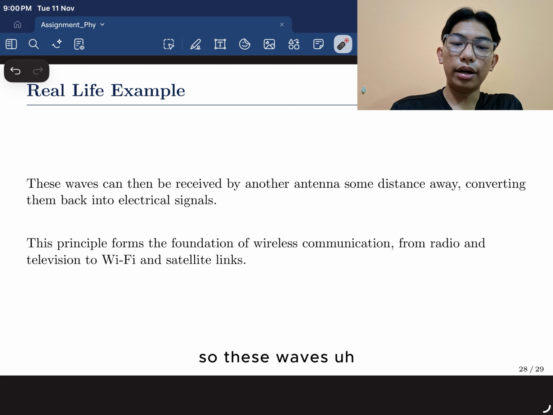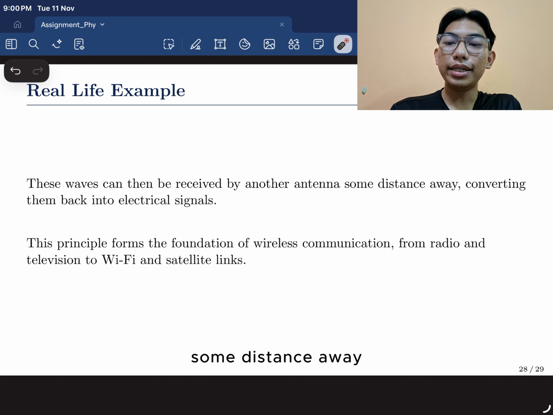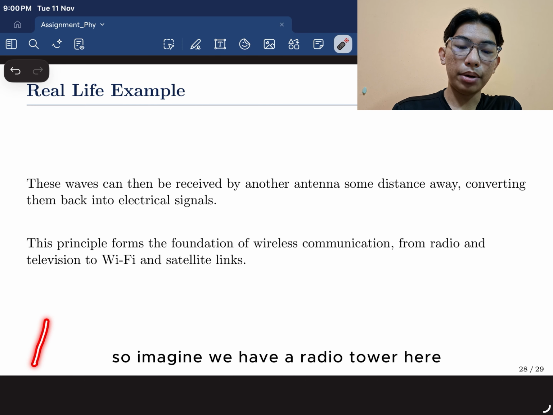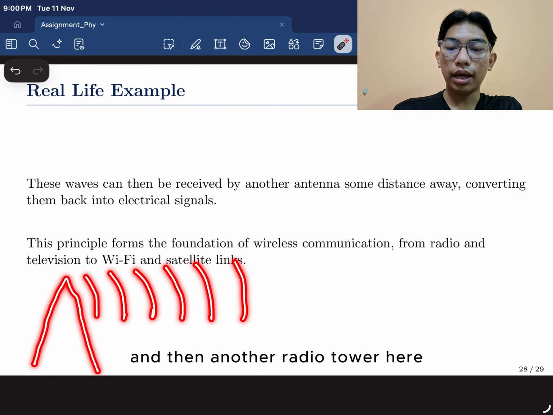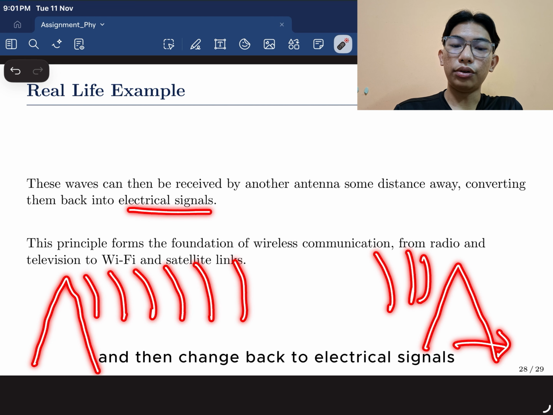These waves can then be received by another antenna some distance away, converting them back into electrical signals. So imagine we have a radio tower here that generates electromagnetic waves, and then another radio tower here receives them and changes them back to electrical signals.